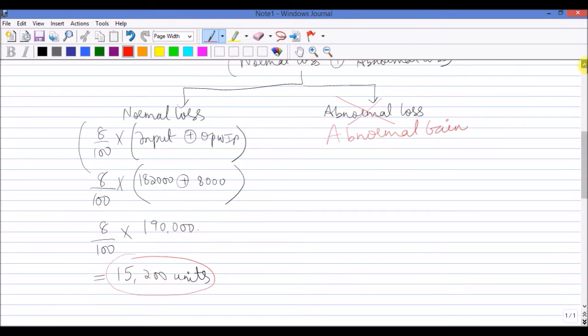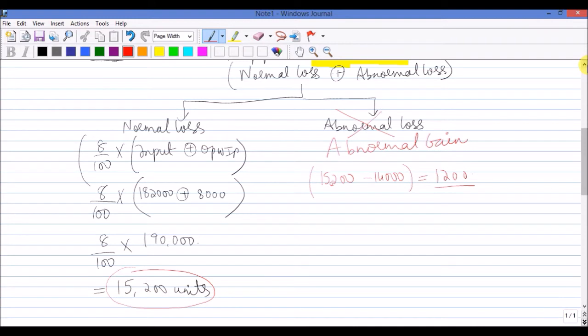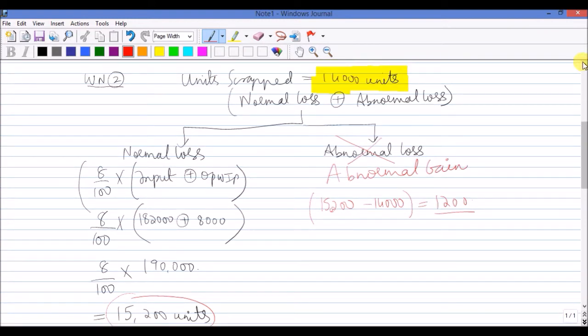The difference is 1,200 units, which are made above the normal loss. So this is called the abnormal gain. If the normal loss is more than the scrap units, it will give you an abnormal gain, which is 1,200 units.